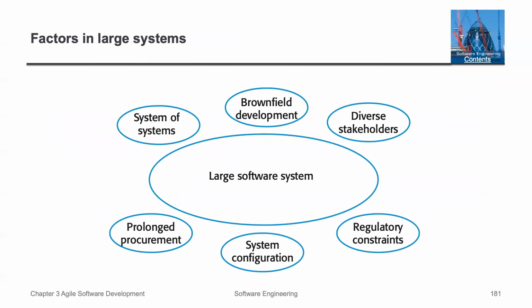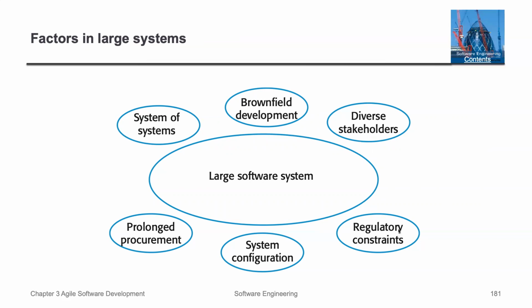So here is a picture of the factors that are involved in a large system. You have to be thinking of systems where one depends on another, and you don't have greenfield development, so you have legacy things that are involved. There could be a variety of diverse stakeholders with maybe some different points of view, and you have to figure out how to deal with that. There are regulatory constraints.